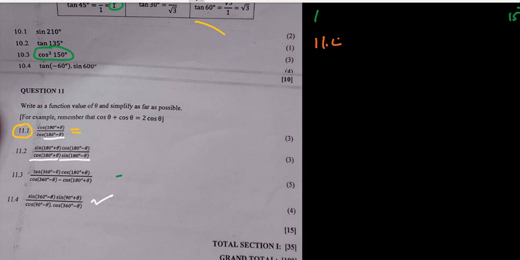Okay, the last one, 11.4. So sine 360 minus is on quadrant number 4, and on quadrant number 4 sine is negative. And then sine 90 plus will take you to quadrant number 2. On quadrant number 2 sine is positive, but because it's a 90 we change the function from sine to cos.